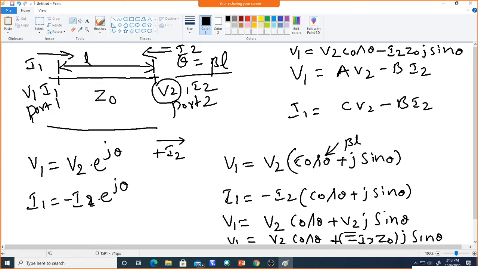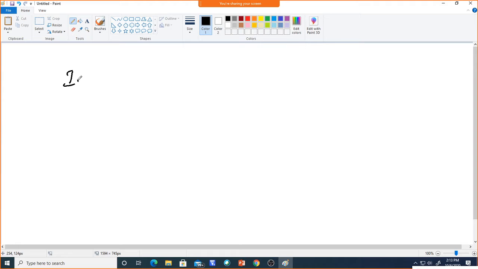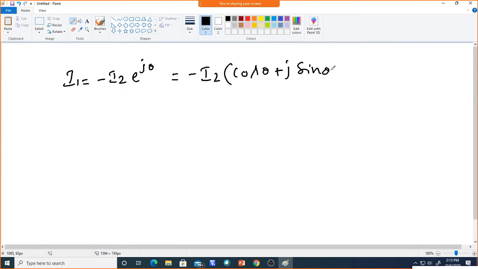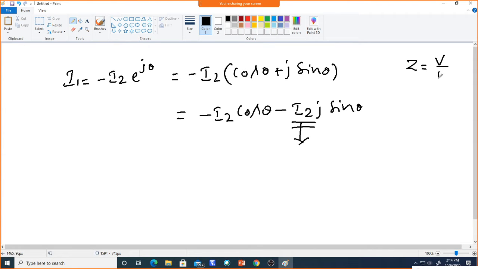So what is the equation for I1? I1 equals minus I2 e power j theta, which is equal to minus I2 into cos theta plus j sin theta. Okay, so this you can represent as minus I2 cos theta minus I2 j sin theta. Now I can represent this I2 in terms of V and Z. Generally we know Z equals V by I, is it not?